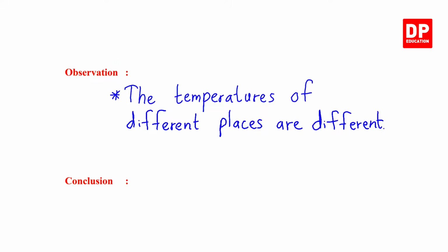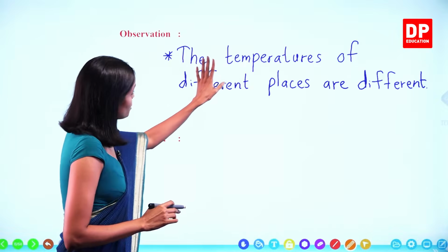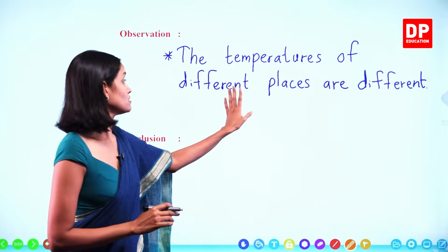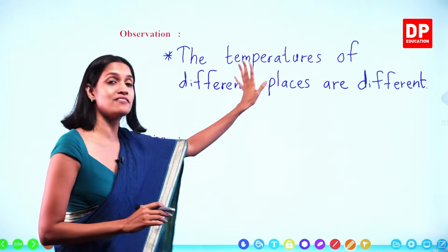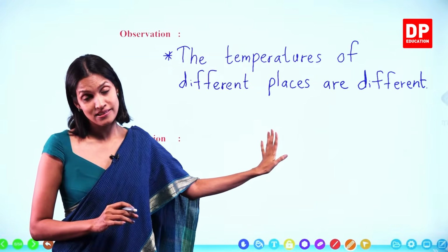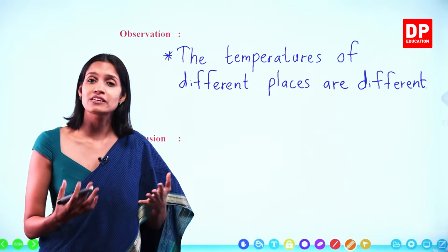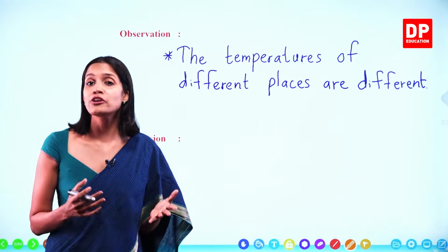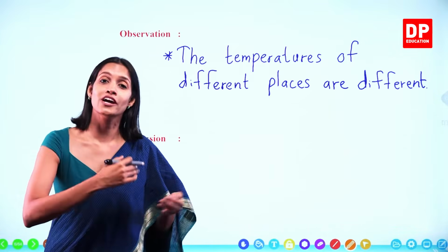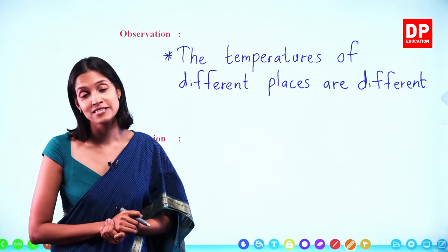Okay, the temperatures of different places are different. And when you do this activity, you can include a table, you can mention what are the places and what are the temperatures, right? So I collected only 3 samples, 2 soil samples and 1 water sample. But when you do this activity as a group, you can go to different other places as well.